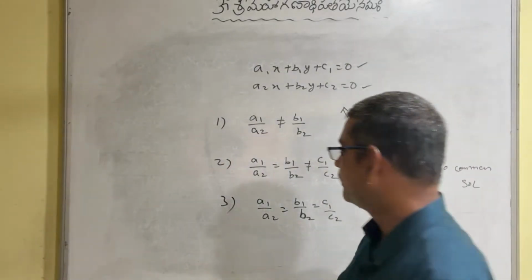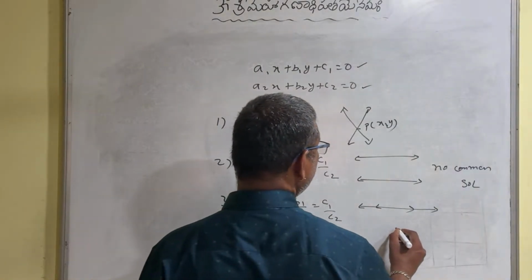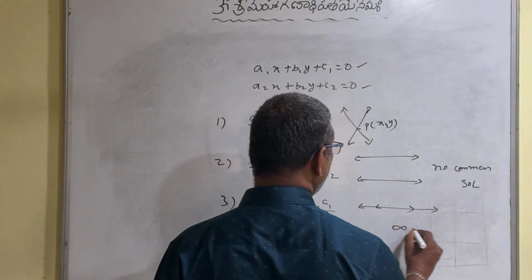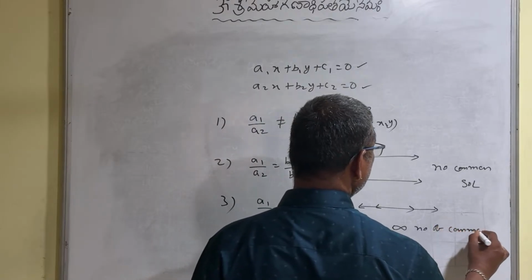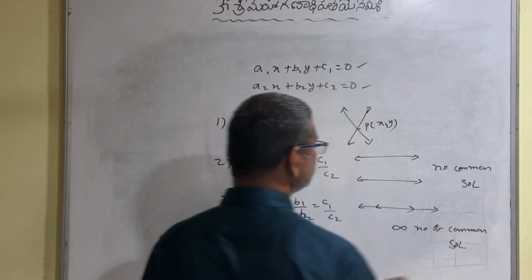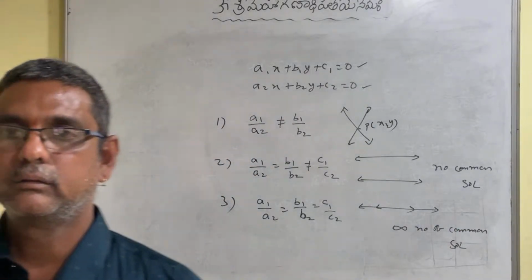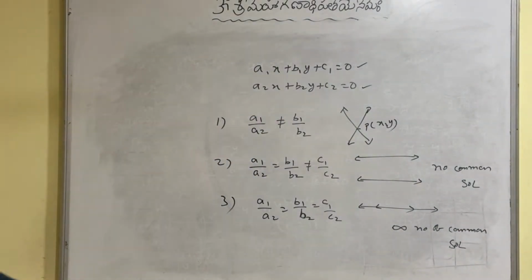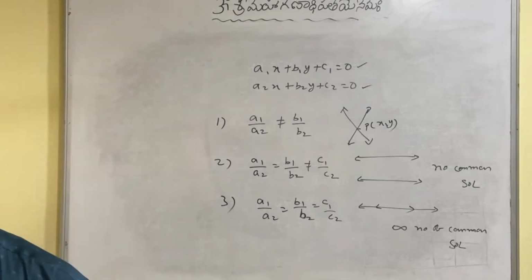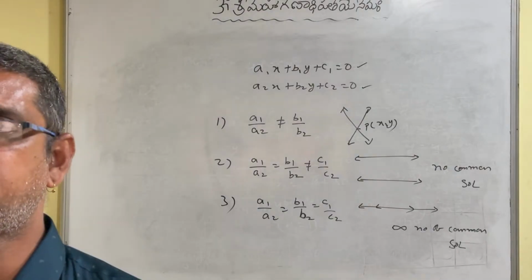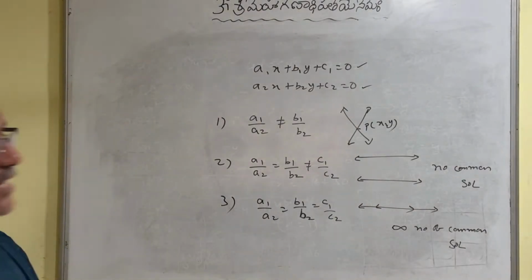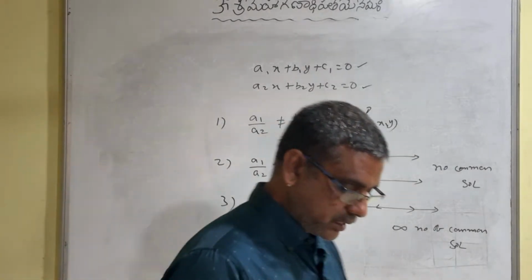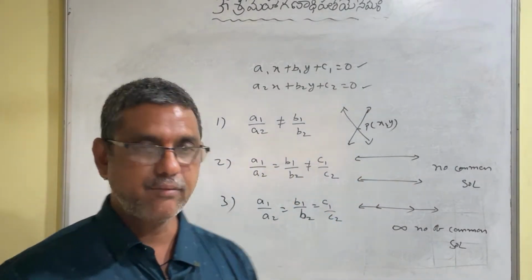That means we can have an infinite number of common solutions. Those two lines will have an infinite number of common solutions. Don't say infinite solutions, say infinite number of common solutions. Is that understood?